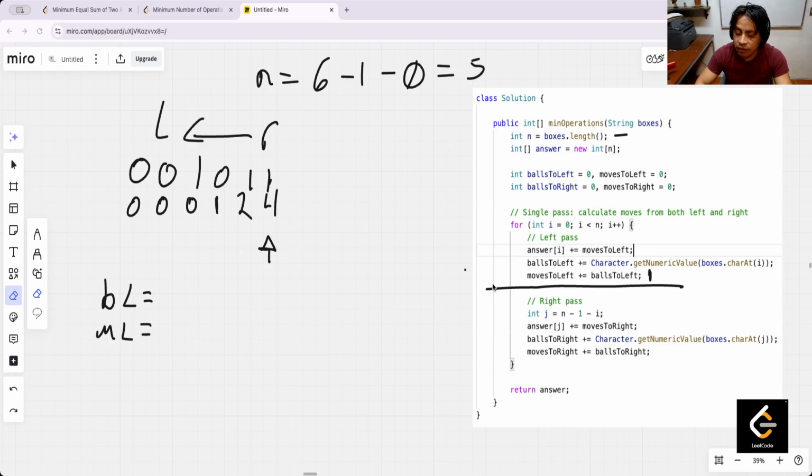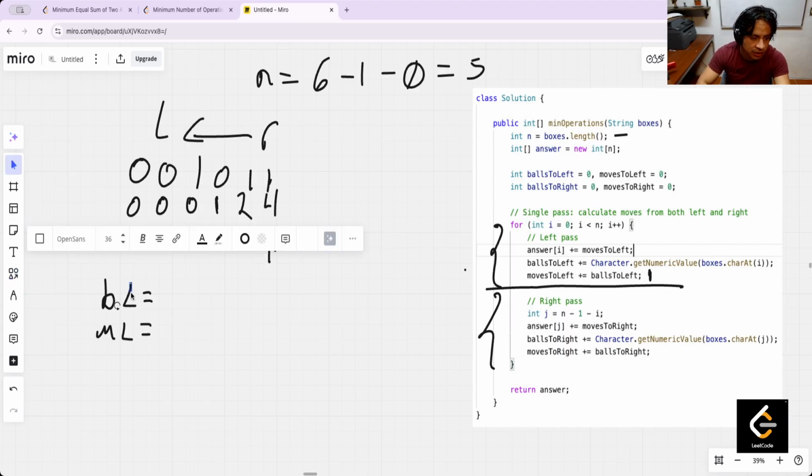And sorry. Yeah, I can perform this operation in two loops, with the same result, with the same time complexity. In this case, reducing one all the time, and the answer in the index j, it's equal move to right.